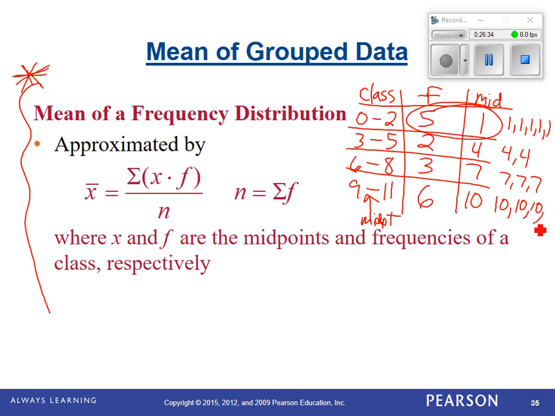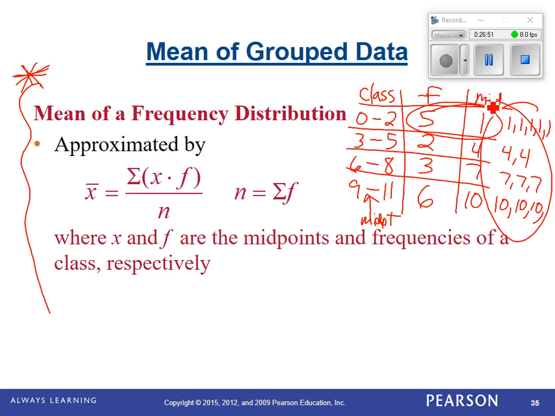Now, are those the real numbers that were the data set? Probably not. All these numbers in this set probably weren't just ones. There were probably 0s and 2s and everything else. But we can use that to find the mean.